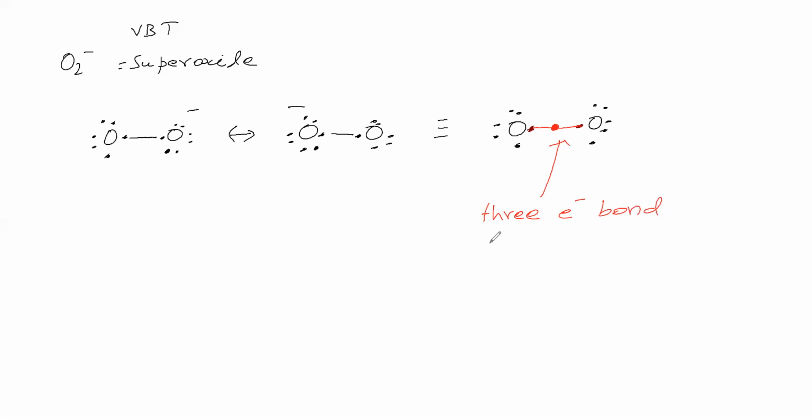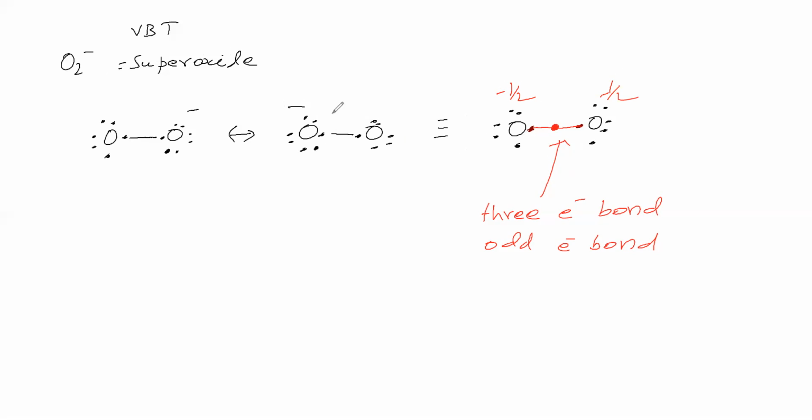This bond contains 3 electrons, an odd number, therefore we can call it an odd electron bond. Then distribute the minus equally to both oxygens, therefore minus 1 by 2, minus 1 by 2. It is called superoxide. This superoxide ion O2 minus is this one.